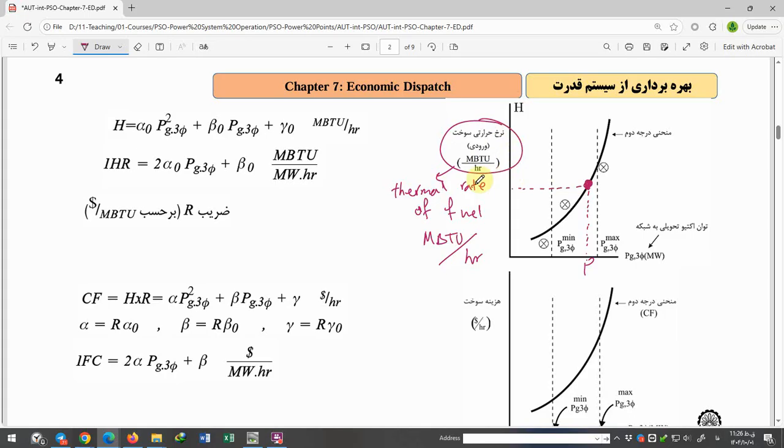If you use coal, the mega BTU is different from using another fuel. So the vertical axis is mega BTU per hour. That is the thermal rate of fuel. And the horizontal axis is active power.